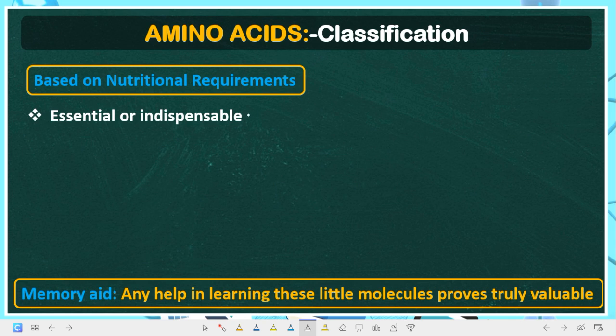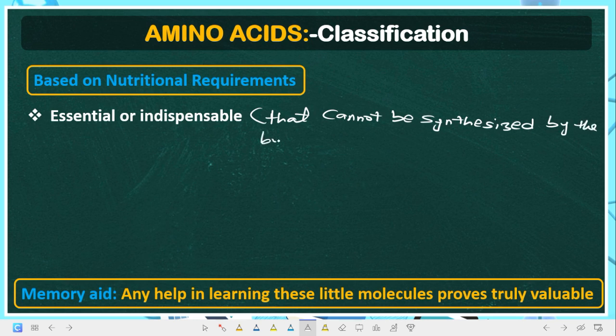Now, when do we say an amino acid is essential? Now, an essential amino acid are those that cannot be synthesized by the body, and hence should be taken in our diet, are said to be essential amino acids.